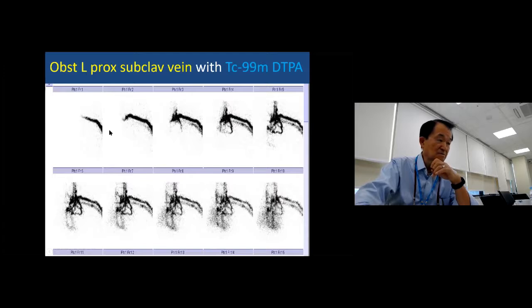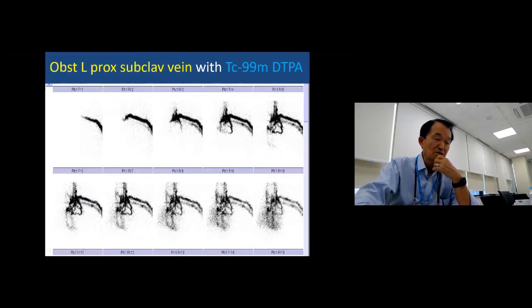So here comes the cephalic and basilic. And then lower down, there's a left innominate vein coming down, but you can see collaterals up and down. This is the left side superior vena cava, and the right side superior vena cava here.